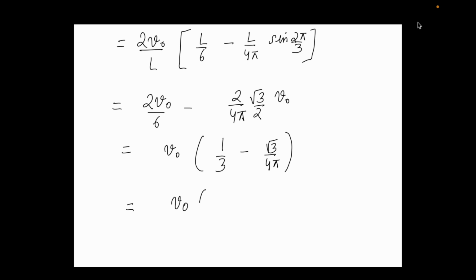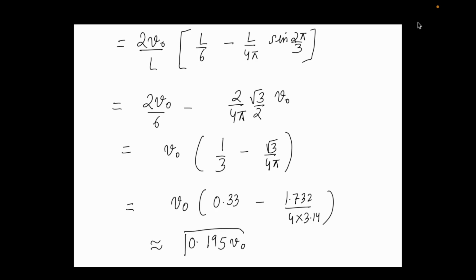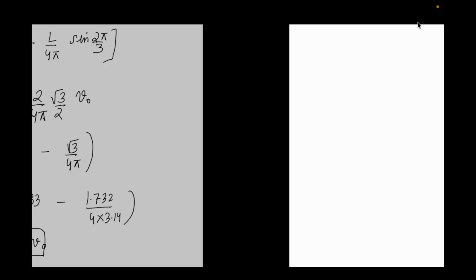You just have to calculate this value. The first is around 0.33 and the second, if you approximate it, is 1.732 by 4 into 3.14, which is around 0.166. If you calculate using the calculator you get this number, but you can just estimate it to be around 0.2.